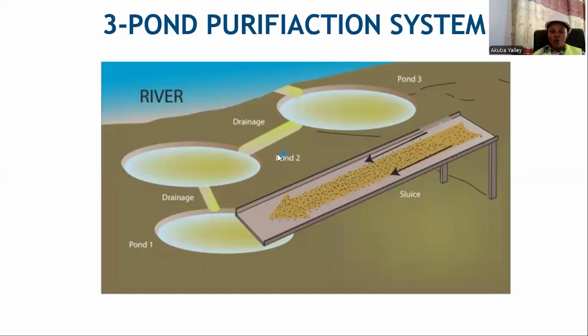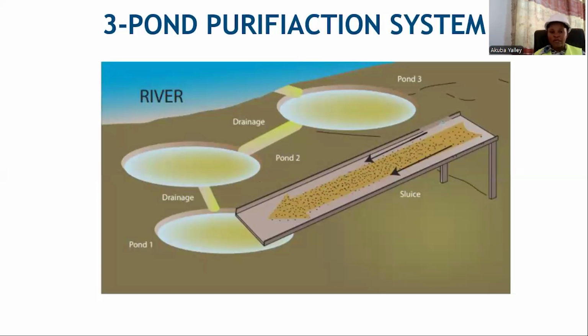And then two, miners are able to manage the little water that they have. So at any point in time, they still have the same or somewhat the same quantities of water being used. So the issue of pumping water from dams, creating more dams to get more water day in and day out, is also reduced.